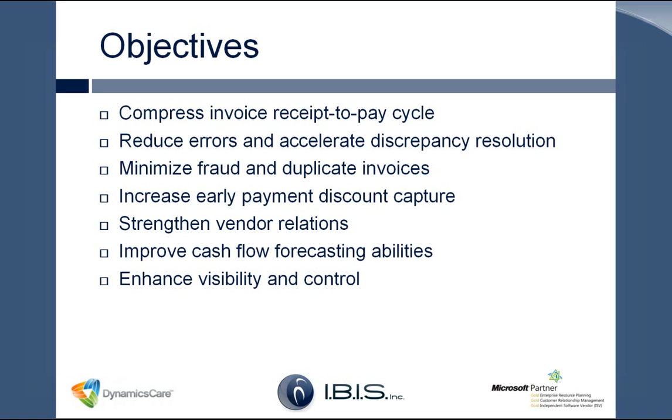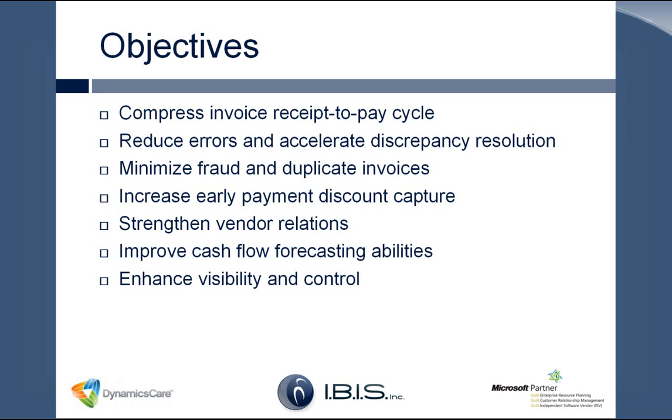In addition, in the areas of reducing errors and accelerating discrepancy resolution, and in minimizing fraud and duplicate invoices, manual processes don't allow you to use the ERP checks and balances that exist because you're doing manual processes. So if that's something that you see as happening in the organization, that can also become a high-level objective.